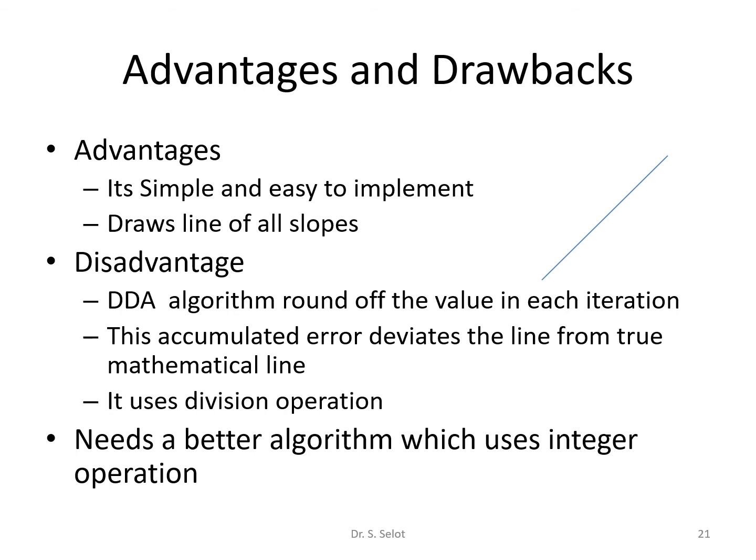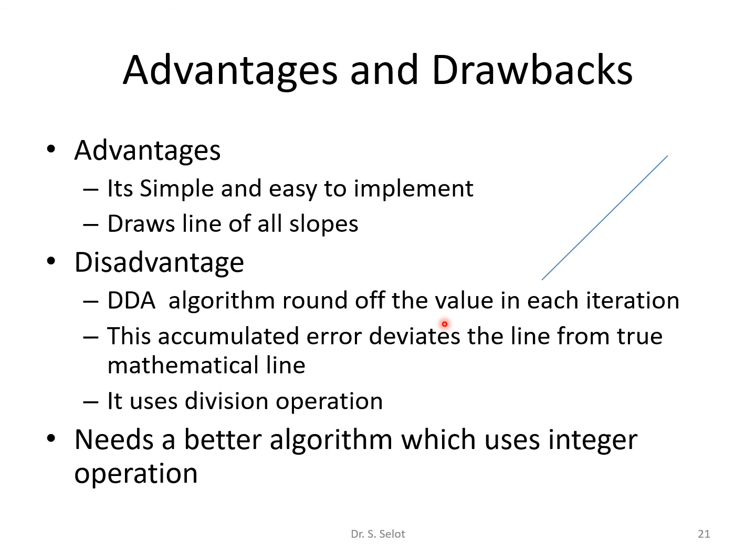But the disadvantage of this algorithm is the rounding off of the values. Every time, as we have seen in the loop, the algorithm rounds off the value to the nearest pixel position, due to which some amount of error is accumulated in each iteration. And our line which is drawn is slightly deviated from the true mathematical line which should be drawn. A mathematical line can definitely have decimals and float representations, but in an actual pixel rasterized line it is not possible to represent floats.